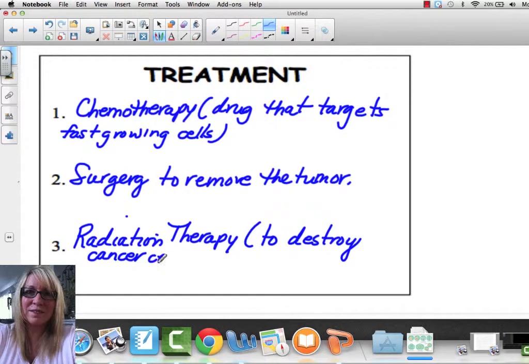And there's one more that I want you to add here. There's new forms of treatment. I'm going to put it over here. You can put it at the bottom of your page. New forms. So there's 3 different ones. There's immune system treatments.